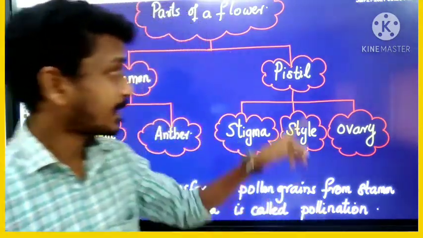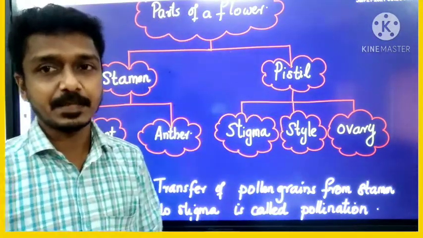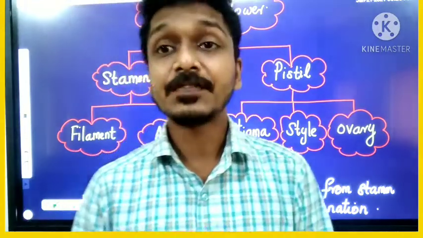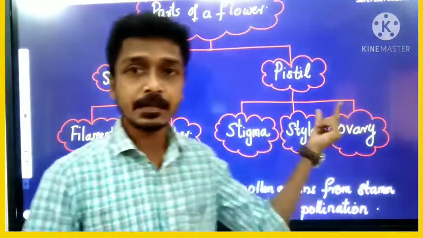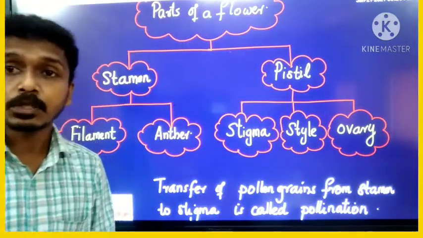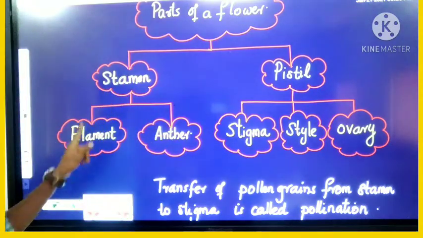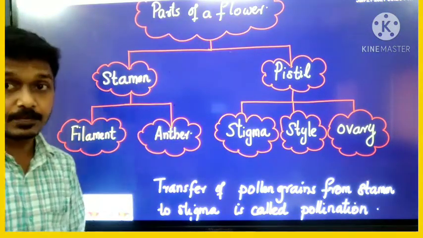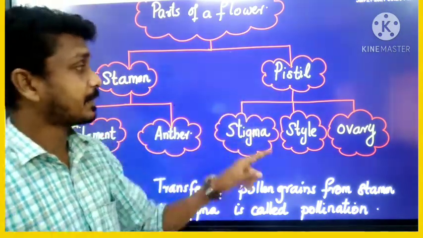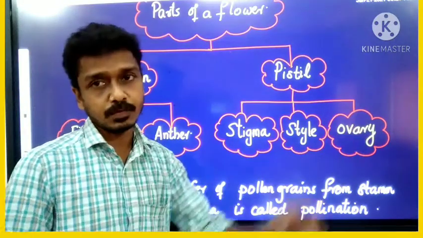Very good. Second one is pistil. Pistil is the female reproductive part of a flower. Stamen and pistil are the two major reproductive parts of a flower. Stamen contains filament and anther. Pistil contains stigma, style and ovary.